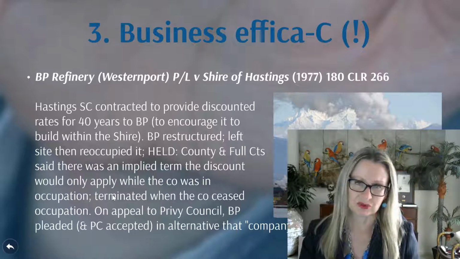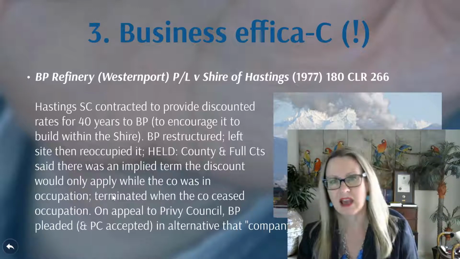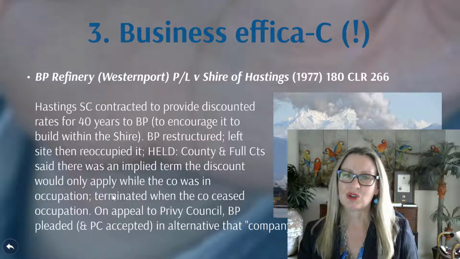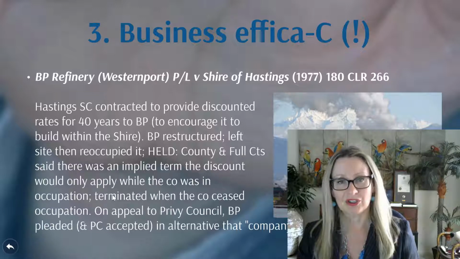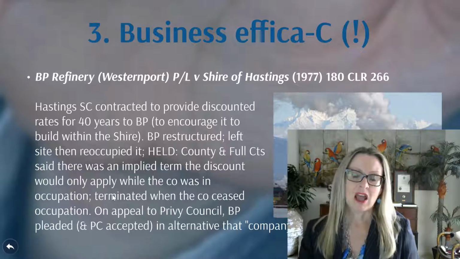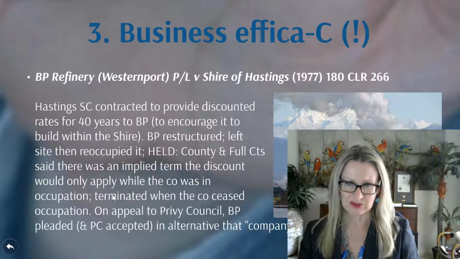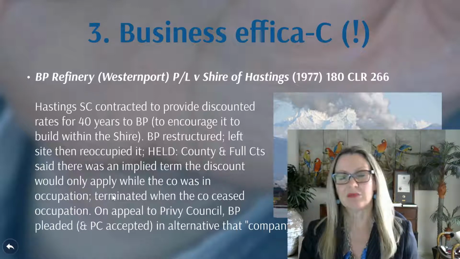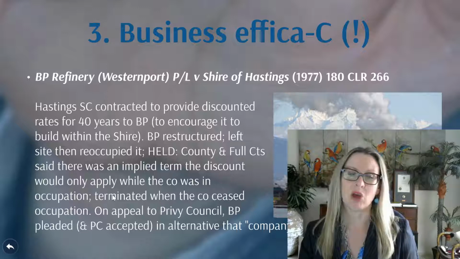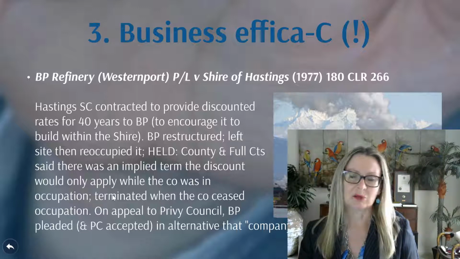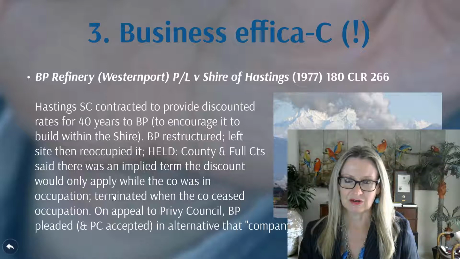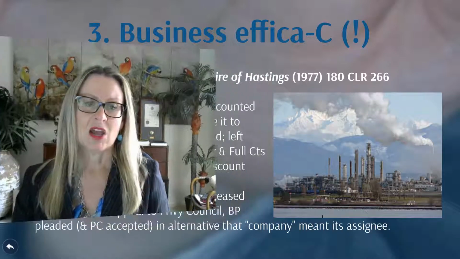It left the premises for a while, it came back, and then the council took the opportunity to try and say, oh, hang on a minute, you're not going to get discounted rates anymore. The county and full courts there said that there was an implied term, the discount would only apply while the company was in occupation, so that when the company ceased to occupy the premises, that obligation to give the discounted rates was terminated.